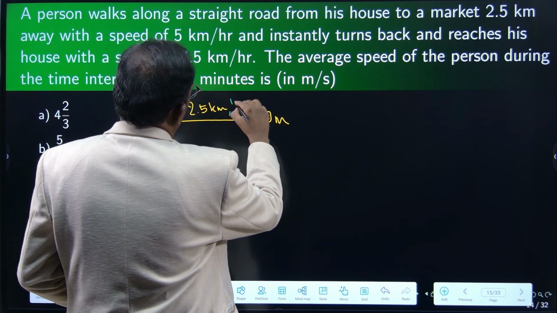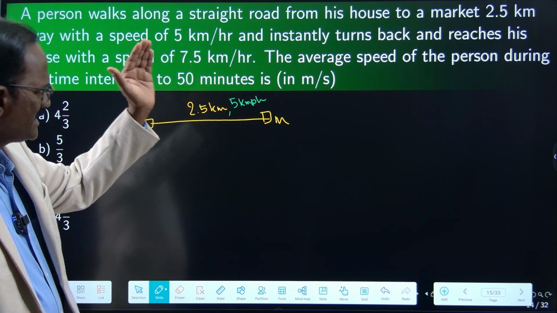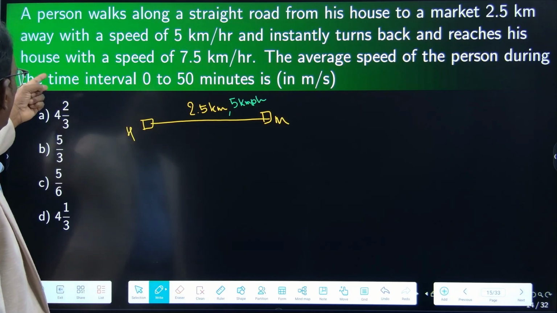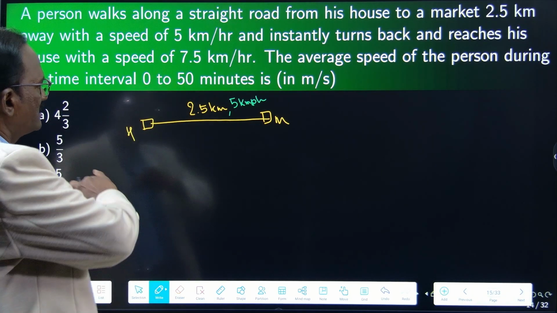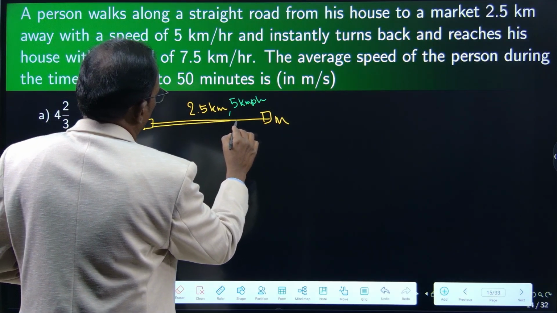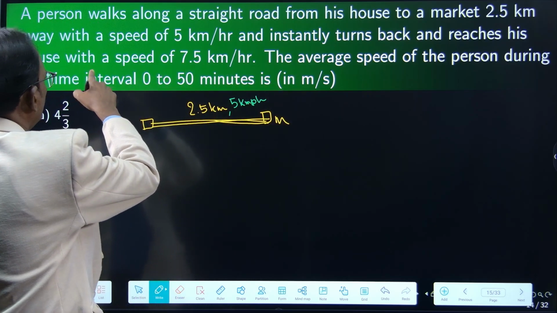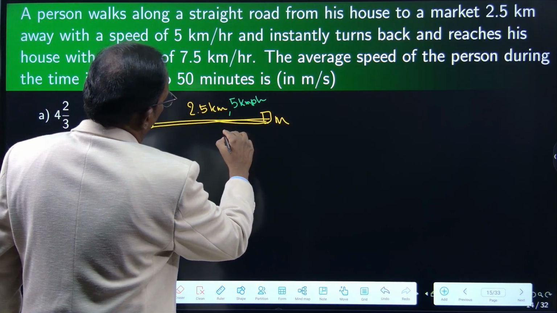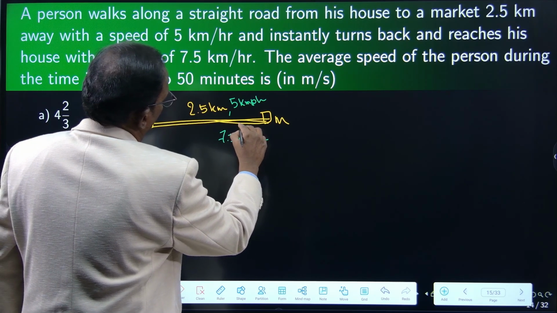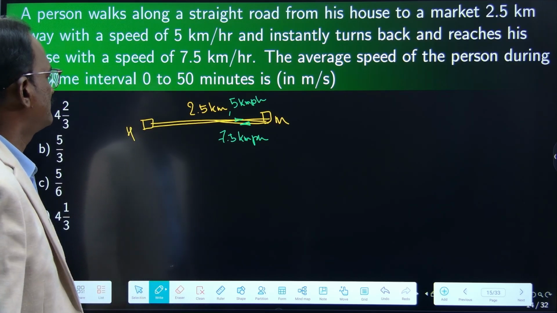And immediately he returns back along the straight road and reaches his house with a speed 7.5 kilometer per hour. This is the onward journey, this is the return journey.